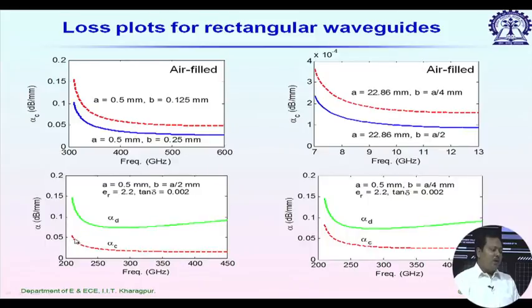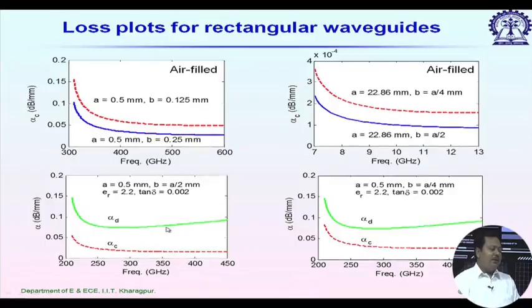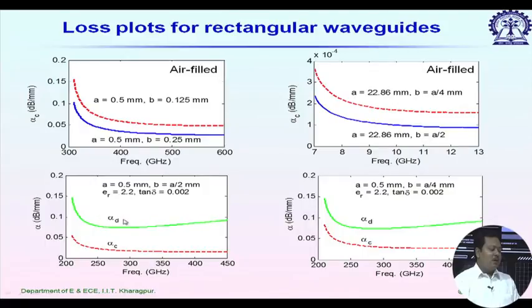Then the plot of alpha c is this, and alpha d, you see, is again infinite at cutoff frequency and then it decreases, but it has an optimum point above which it again slowly increases. So this alpha d represents the dielectric loss, and alpha c represents the conductor loss.